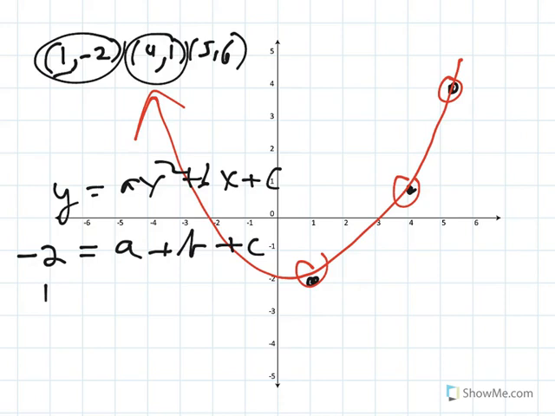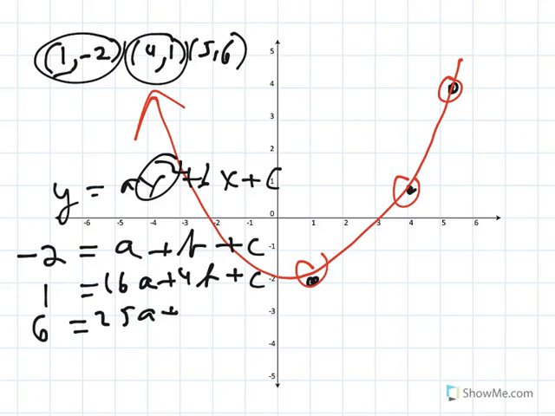This middle equation, 1 is the y value, 4 is the x value. 4 squared is 16, so this becomes 16a. b times 4 I'll write as 4b plus c. And when I put 6 in for y and 5 in for x, it becomes a times 5 squared, which is 25a plus 5b plus c.